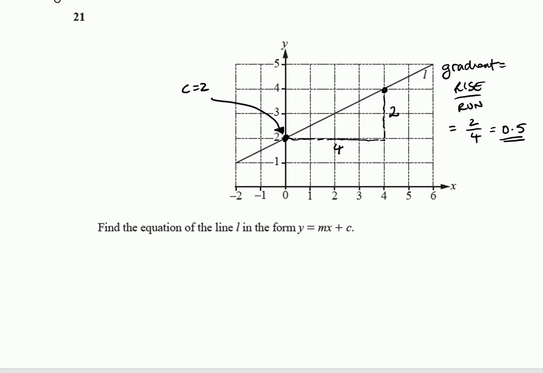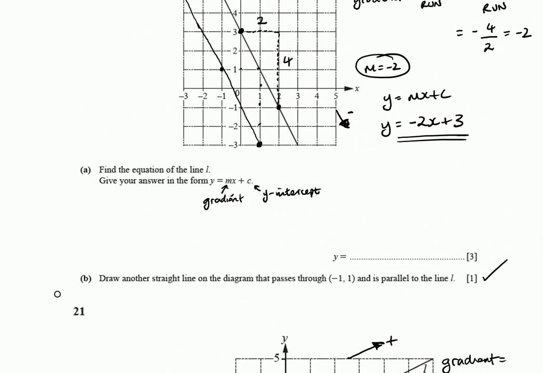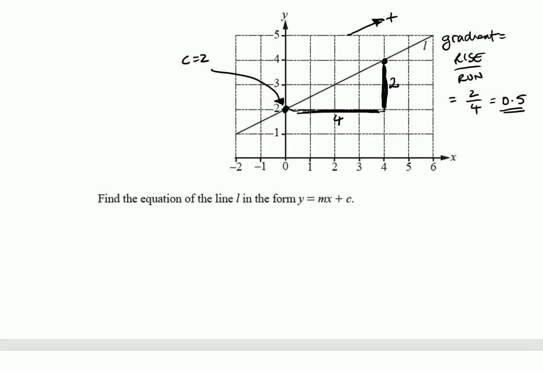Look for which one is the rise and which one is the run, and divide rise over run. This answer is positive because the line is going uphill. In our previous question, we made it negative because it was going downhill. So now I can say y equals m, the gradient, 0.5x, plus c, plus 2.